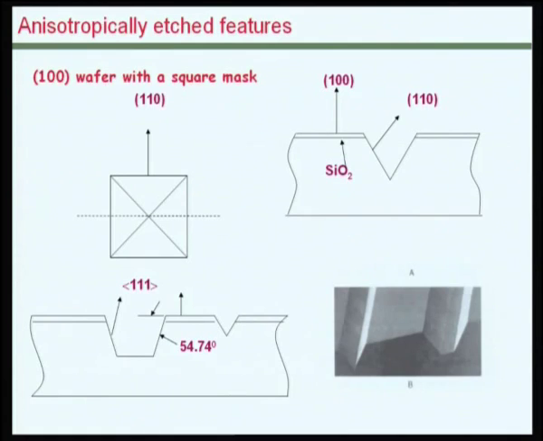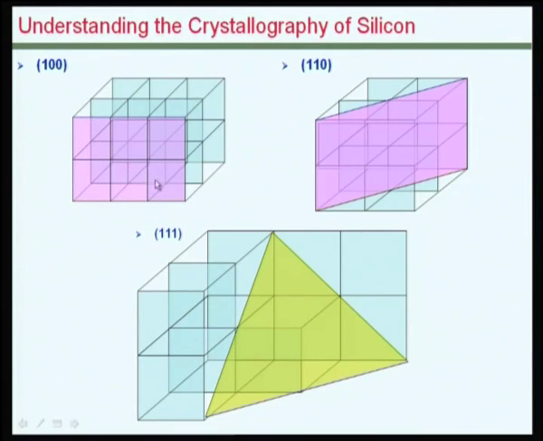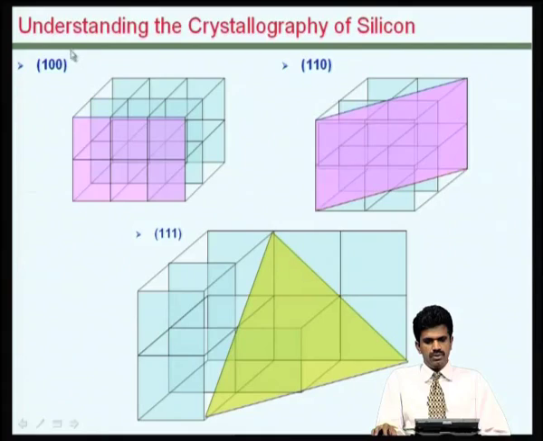For a quick overview, we can look at how crystalline structures are defined. 100 surfaces are those in which the wafer surface is aligned to any of the coordinate directions with respect to the lattice arrangement.